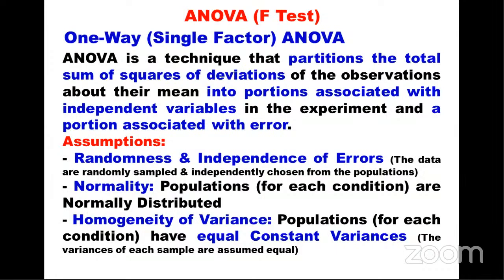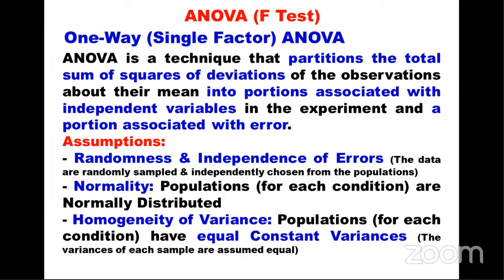In one-way, meaning single factor ANOVA, it is a technique that partitions the total sum of the squares of deviation. Now it is related to variance. Variance is xi minus x bar whole square, and from that, the root and other things we are going to calculate.